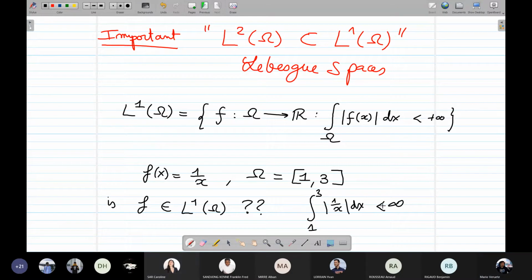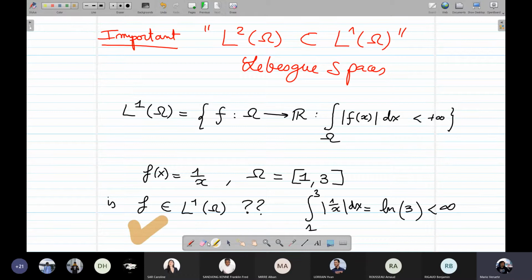So this integral is actually equal to the natural logarithm of 3, which is a finite number. So that's why this function f is in L1. Is it clear for everyone? Okay, let's try another one.